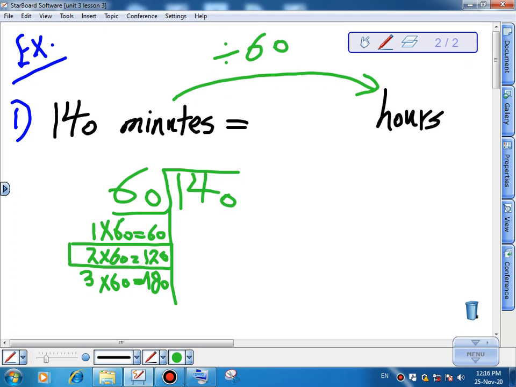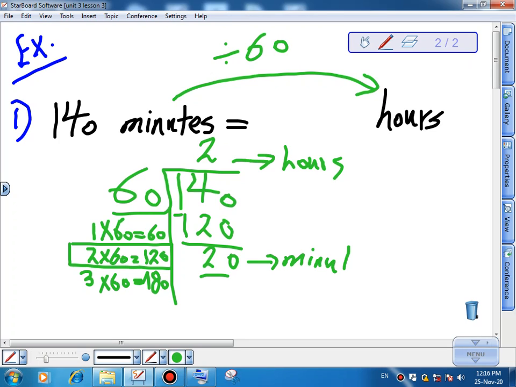Up number 2 and down number 120. Then we subtract: 0, 2, 0. It will be 2 hours and 20 minutes.